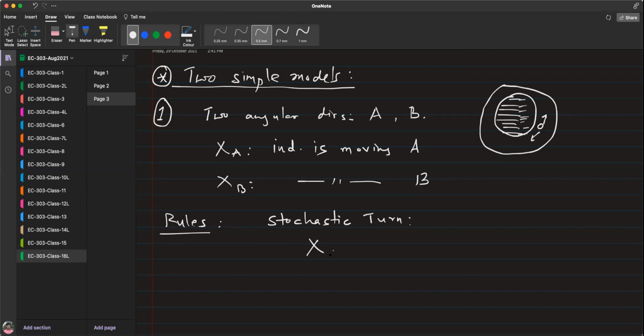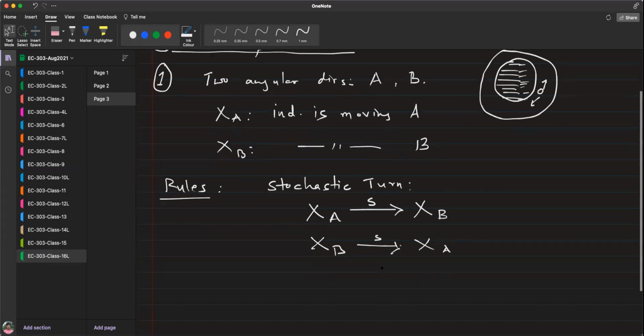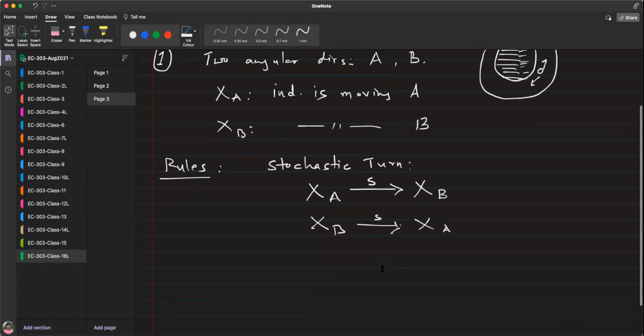What that means is that an individual going in A decides to change direction with some rate S. Likewise, an individual moving in B decides to change direction. Is that fine?